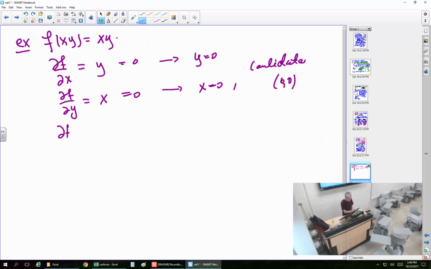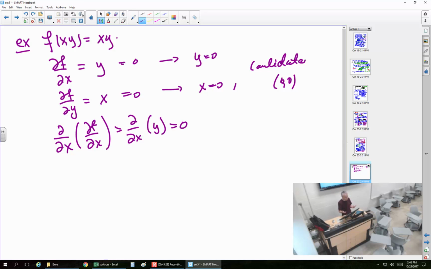I'm taking the second derivative with respect to x, the same variable, so d/dx of df/dx, which is d/dx of y, and it is equal to 0. So what does it say? It has no concavity, right?